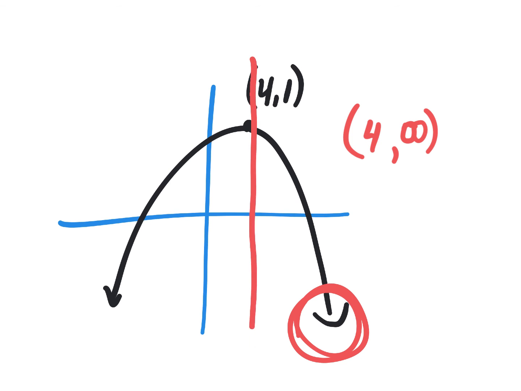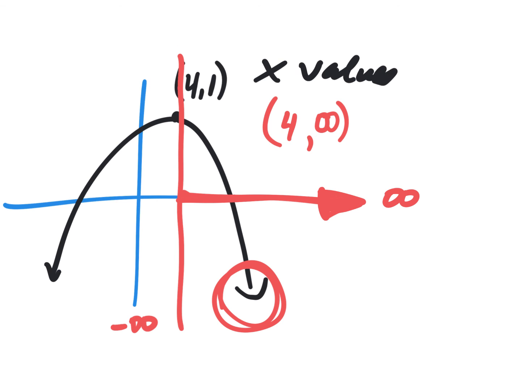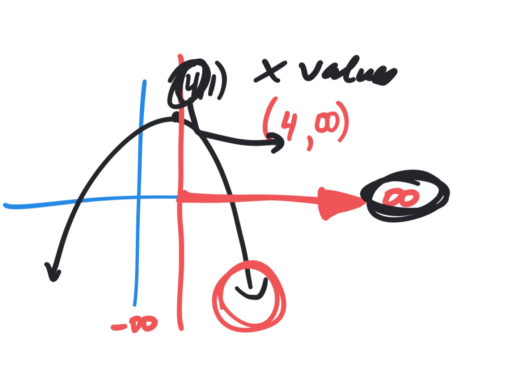Because from here over there, it keeps going that way forever. That's the infinity we're talking about, which is over here. Yes, down here is negative infinity, but the x values are from 4 to the other x value, which is infinity.